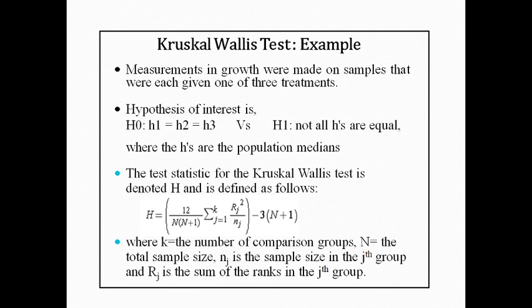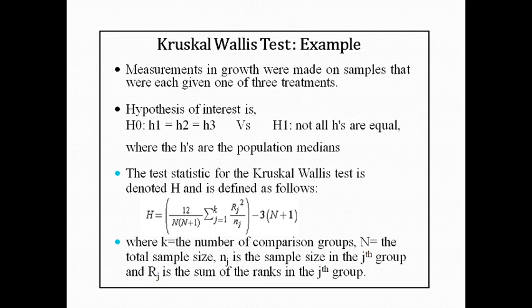Our test statistic for the Kruskal-Wallis test is denoted as H and is defined as 12 upon n into n plus 1, summation j running from 1 to k, rj square upon nj, minus 3 into n plus 1, where k is the number of comparison groups. How many comparison groups are there? 3, because 3 treatments are there.